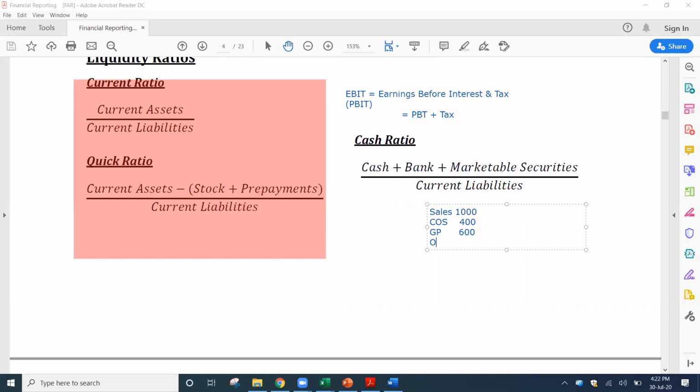Then other income, administration expense, selling and distribution expense, other expense, finance expense.